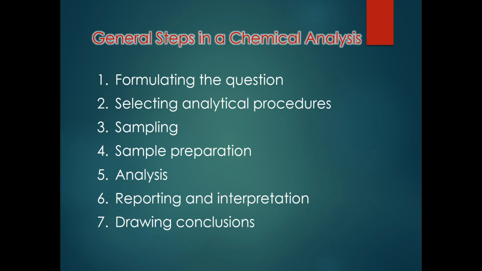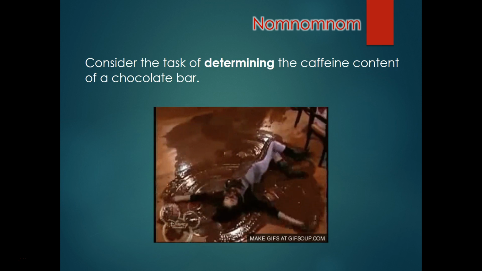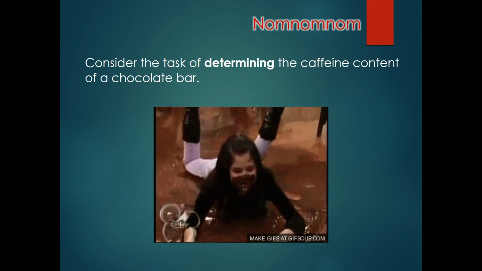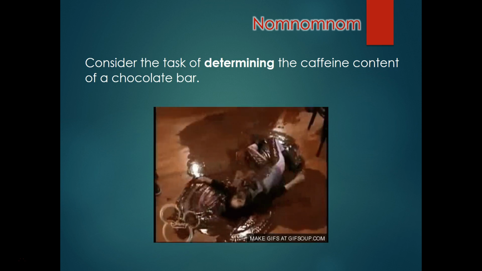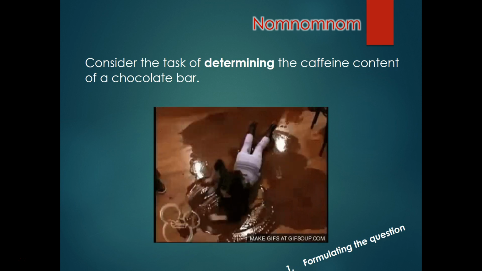So when we talk about analytical chemistry, we're talking about this entire process from start to finish, and we start by asking a question. Let's consider this scenario. You want to determine the caffeine content in a chocolate bar. So, what's your question? Okay, well, let's go with the easiest.